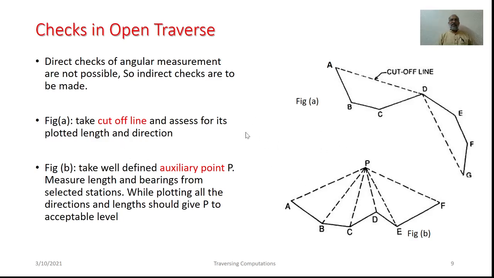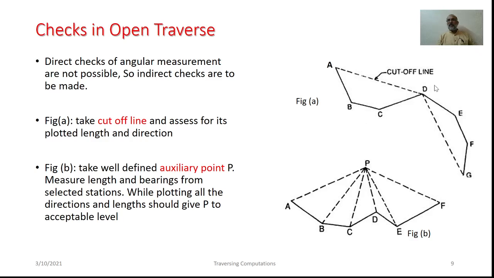In open traverses, where the starting station and ending station are different, direct checks for angular measurements are not possible. Hence, some indirect checks can be made. Here, as you see in the figure, we have considered certain lines AD, DG as cutoff lines.